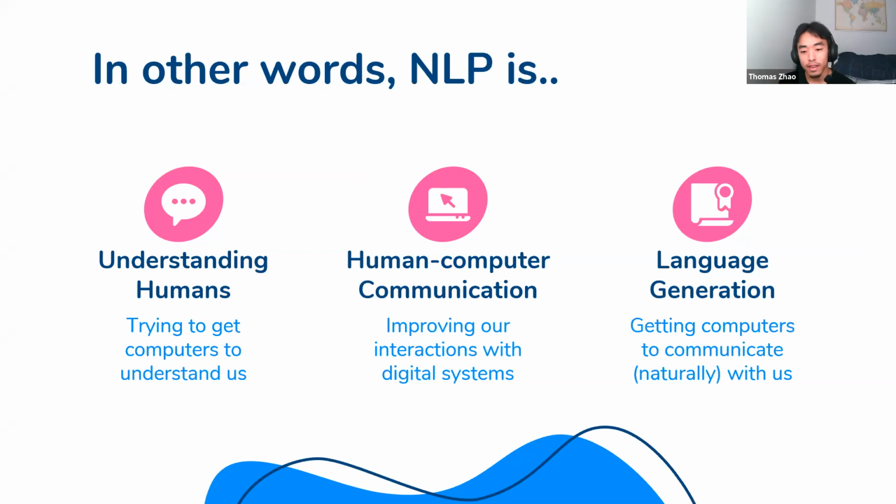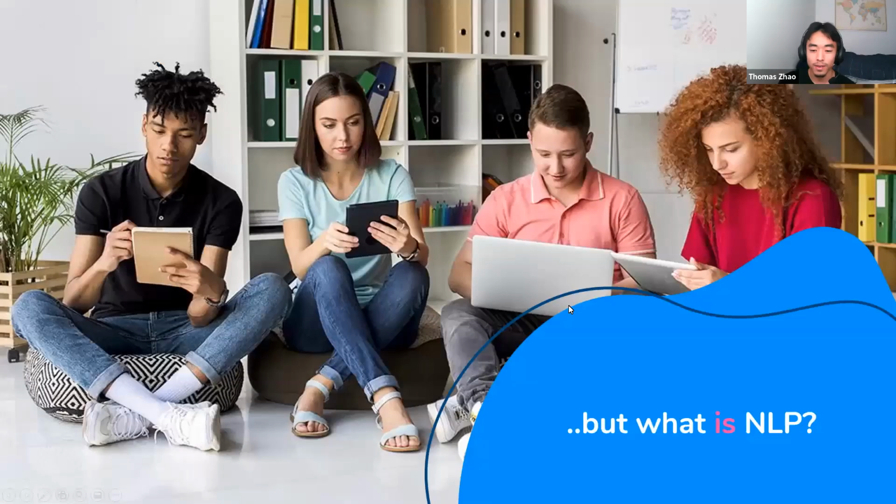And lastly, natural language processing is also having computers communicate with us, sort of generating natural language. And all three of these are essentially ways of saying the same thing or different perspectives to approaching natural language processing.